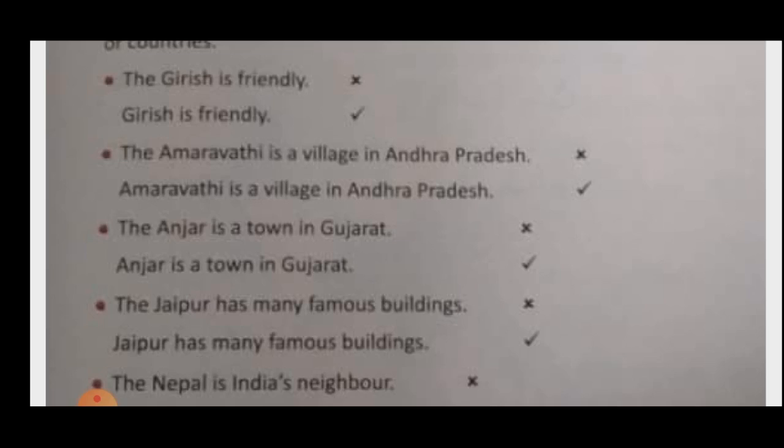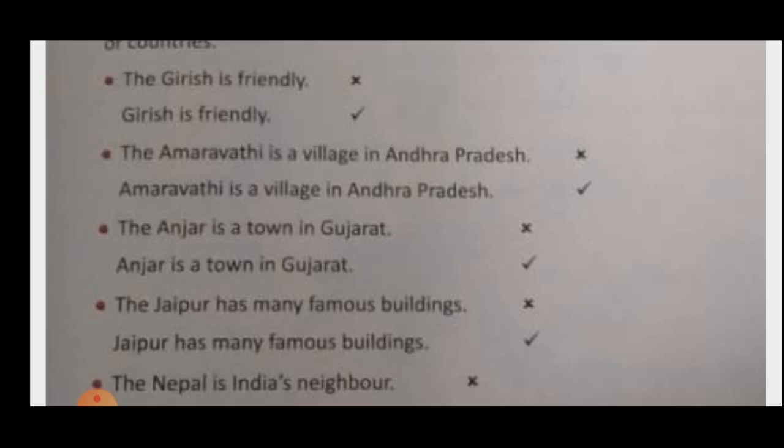Next is the Anjar is a town in Gujarat. Here also it is wrong because it is the name of a town, so we cannot use the before the name of a town. So we will say Anjar is a town in Gujarat. This is the right way of saying this sentence. You do not have to use the before the name of a city, town, village, person or country. The Jaipur has many famous buildings.